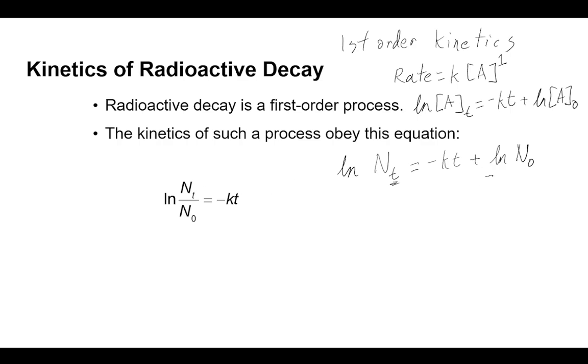We can rearrange this, subtract ln of N0 on both sides, and use the property of logs to turn it into this form. But both of these are analogous.